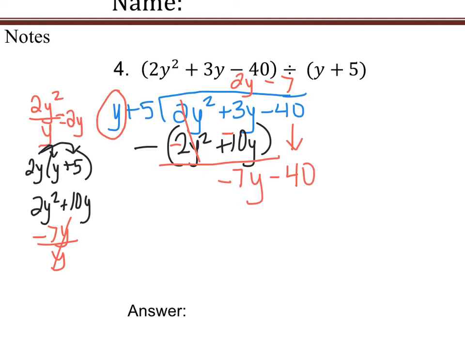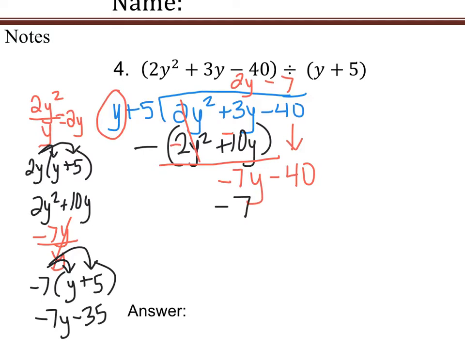Now I'm going to multiply. I'm going to multiply my negative 7 times my entire divisor, so negative 7 times y plus 5. And I'm going to distribute. So negative 7y minus 35. So that's going to go up here: negative 7y minus 35.